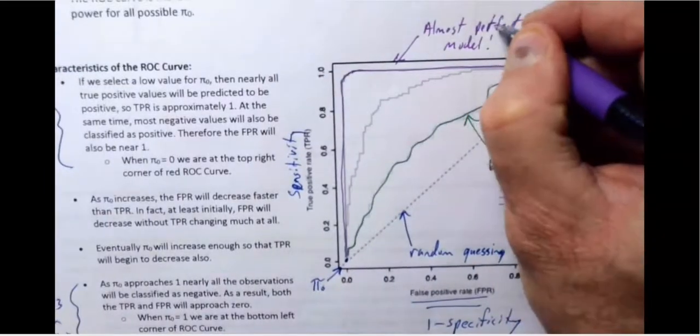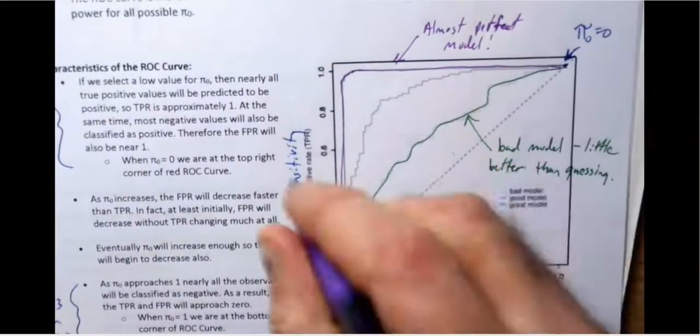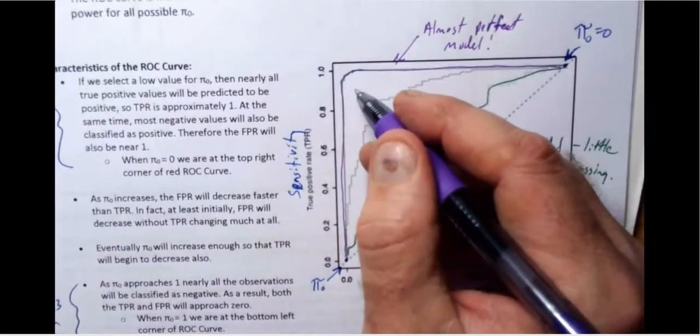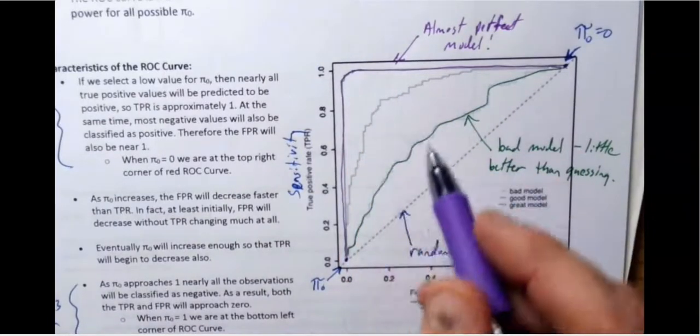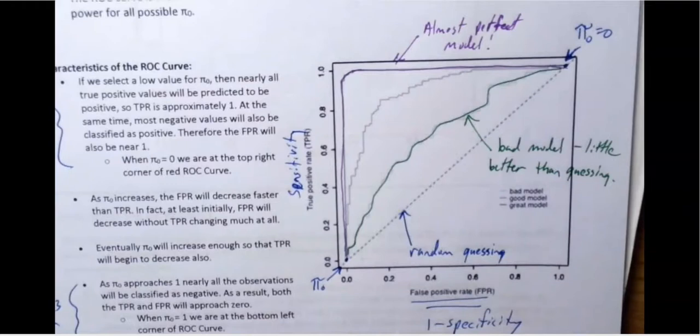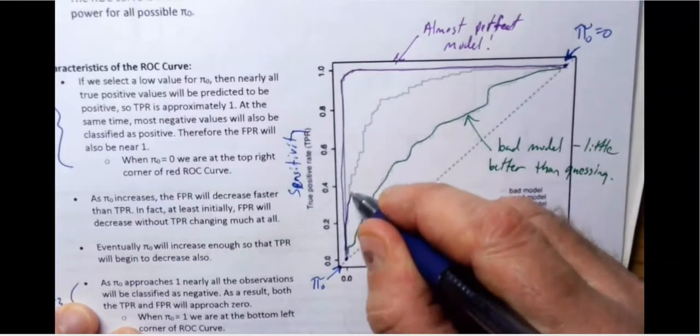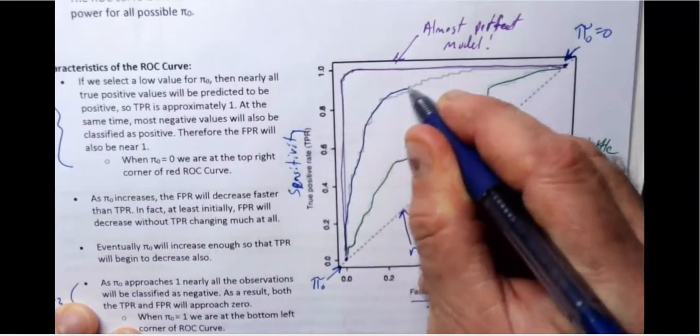because our target is that upper left-hand corner, and that purple curve gets us almost to that point. That's a little bit unrealistic. We don't often see that. But what we do often see is something that's more like this middle curve.